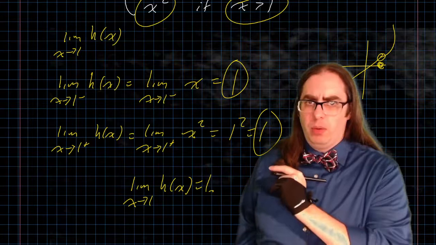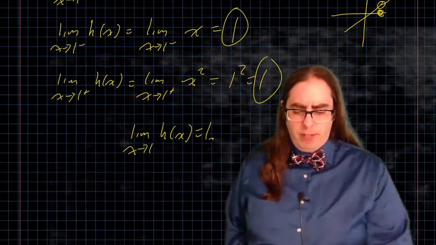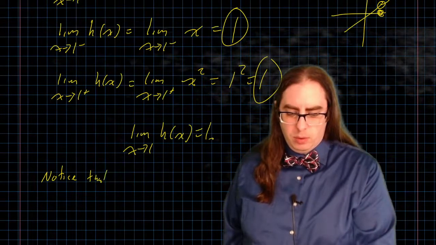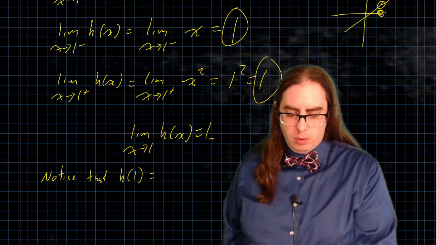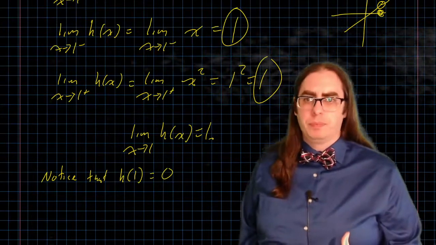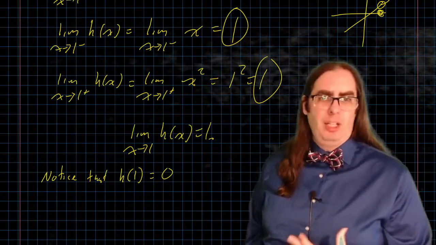Now, the limit came out as 1, and if we tried evaluating this function, do notice that h of 1 is equal to 0. So that's a nice sign that something is still going a little bit weird.